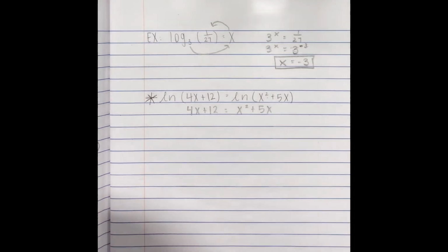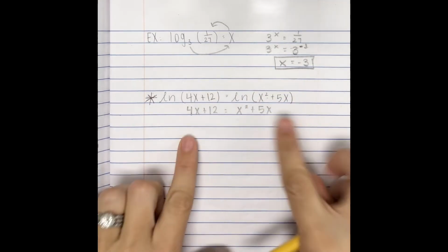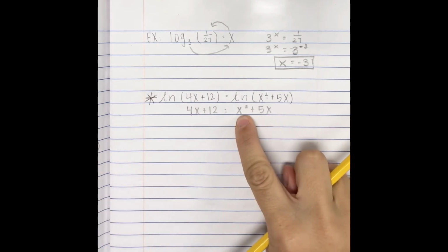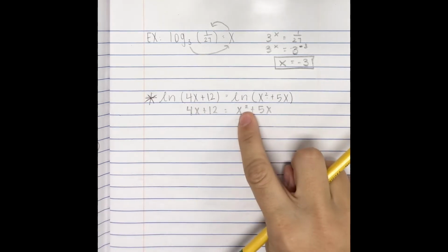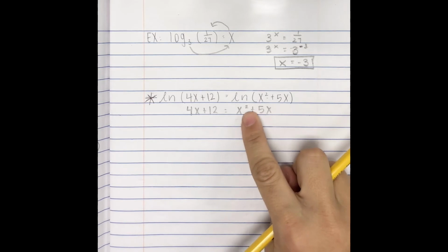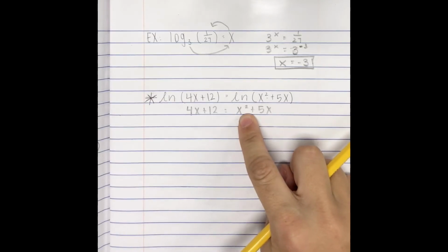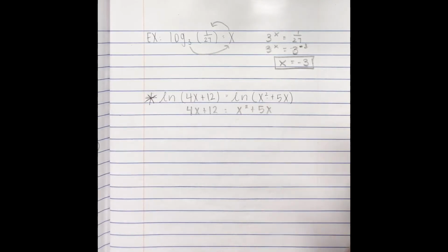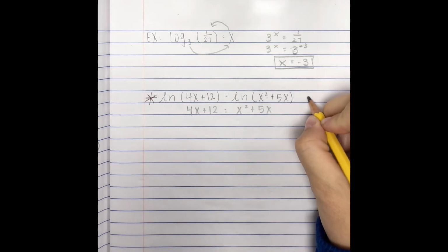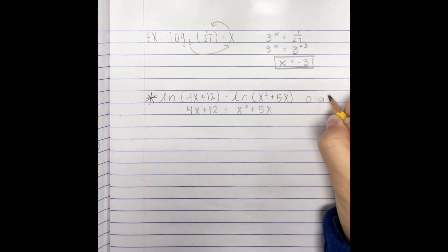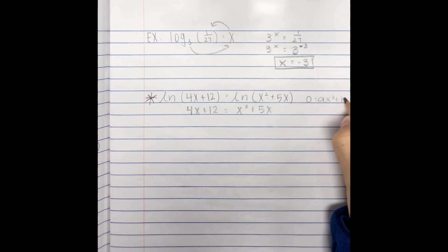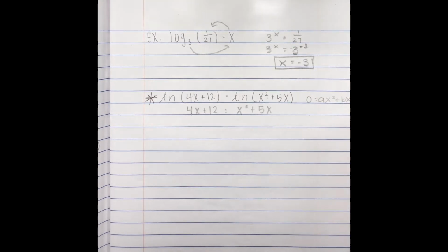Okay, so I have x's and I have an x squared. So I'm going to get everything on the same side with my x squared because I have a quadratic, which means we want 0 to equal ax squared plus bx plus c.